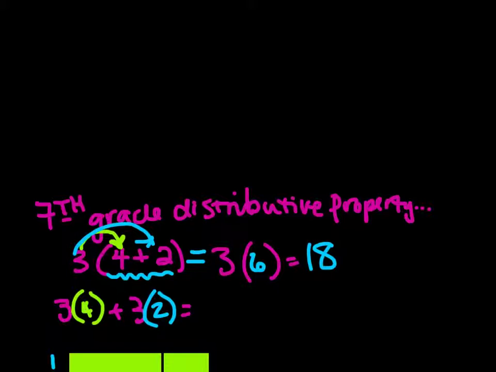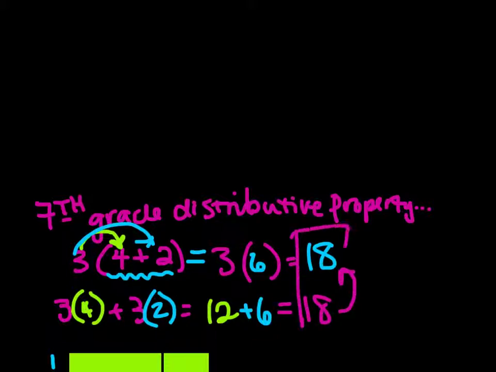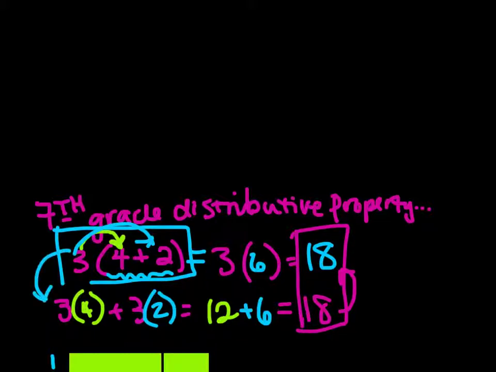So 3 times 4 will end up with a grand total of 12, and 3 times 2 will add 6 to that, so 12 plus 6 equals 18, and yet again get the same answer. So using the concept of the distributive property, essentially using this sort of rainbow method, we're going to use that with what's called binomials.